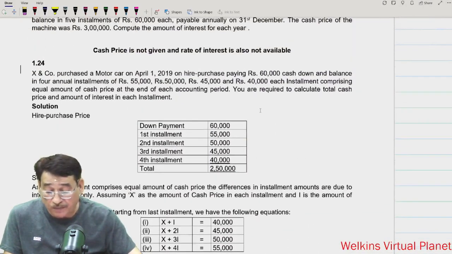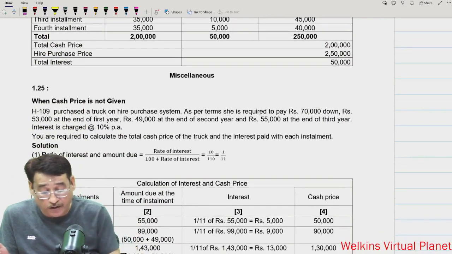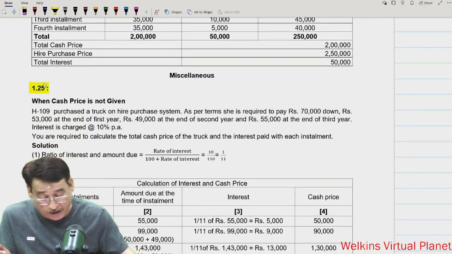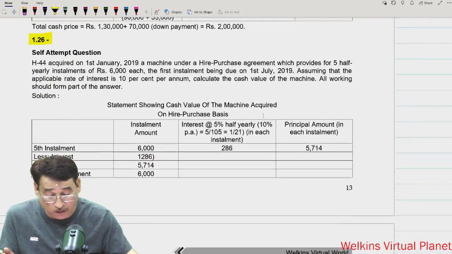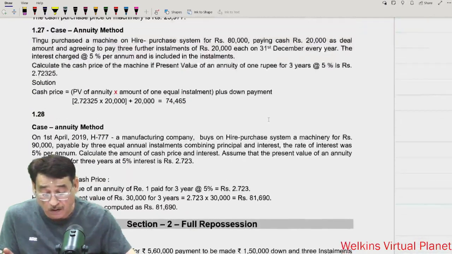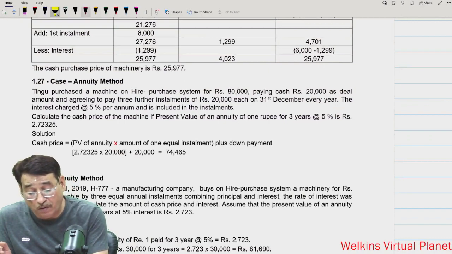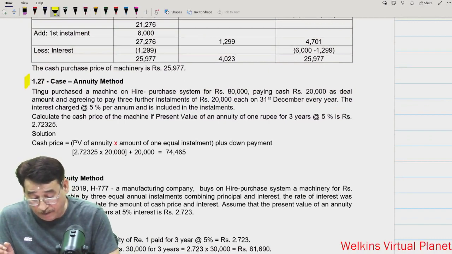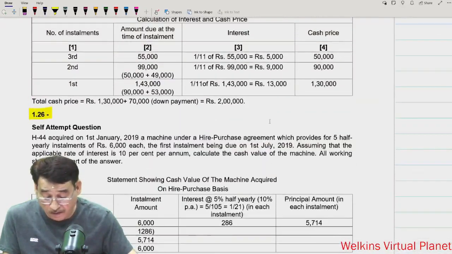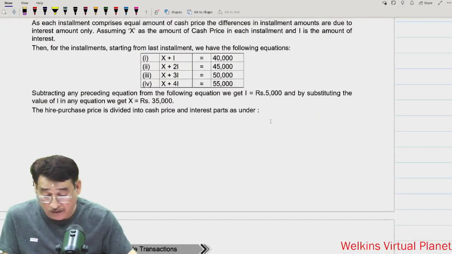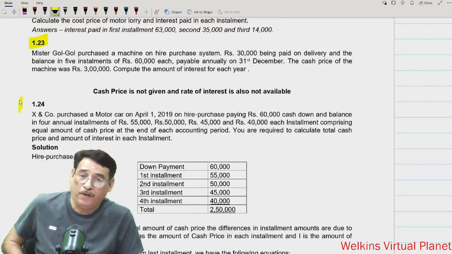Besides, there are some other cases, 24, and even you can do 1.25, it is miscellaneous case. 1.26, you can do this one also. So I will do for you 1.27 annuity. I will do these two questions and then I will do 1.24. This question will be done by us, correct?